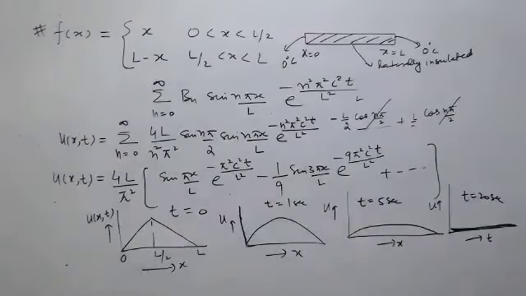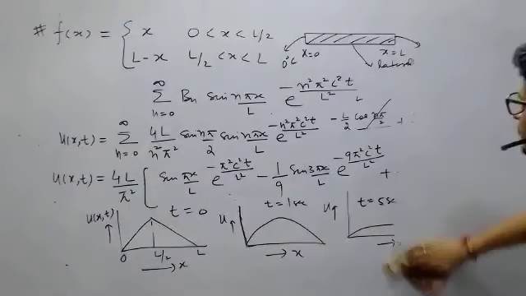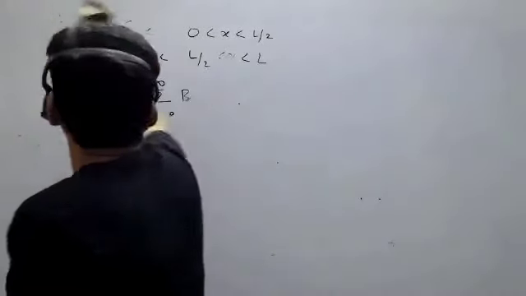So after understanding this type, let me consider another type in which the ends are not at 0 degree Celsius, but the ends are insulated.